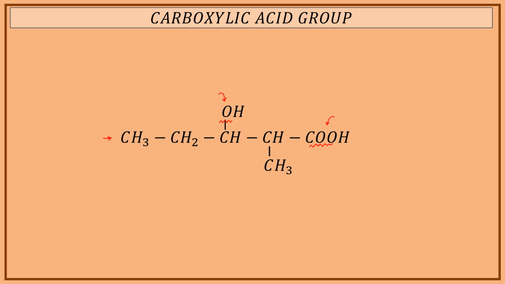Although we have come across such an example in our previous video of aldehyde and ketone, now let us have a very complete discussion on how to name such organic molecules in which we find two or more than two functional groups. Okay, so we will continue this discussion in our upcoming video as well.